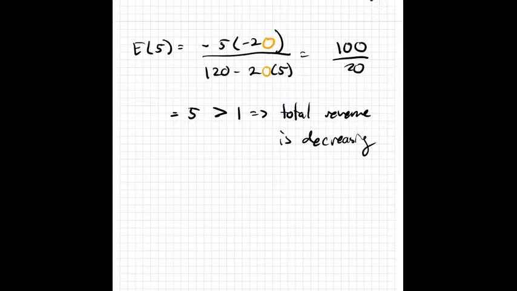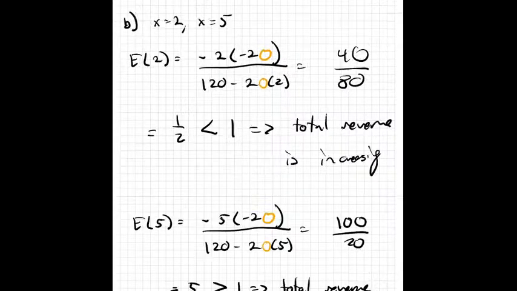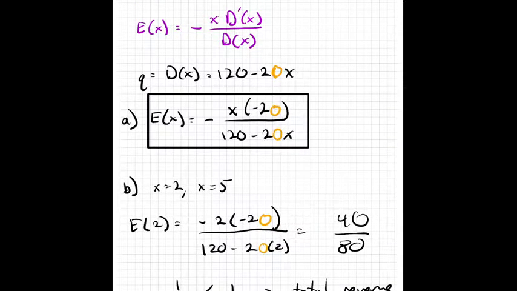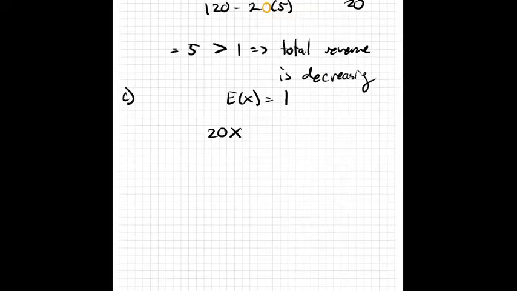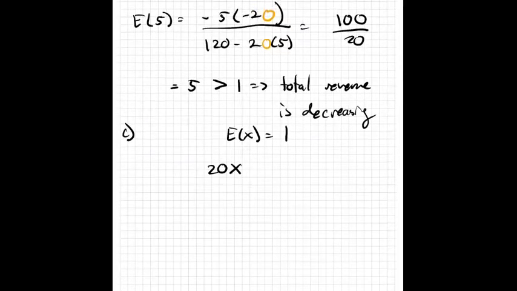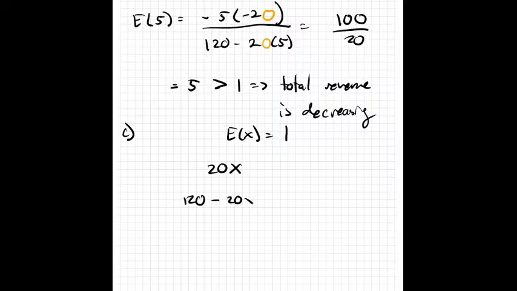So then for part C, we wanted to see at what value of x the elasticity of demand is equal to 1. So on top, it's going to be 20x. And I can make that adjustment here as well. On bottom, we have 120 minus 20x. Okay. We want to see when this is equal to 1.